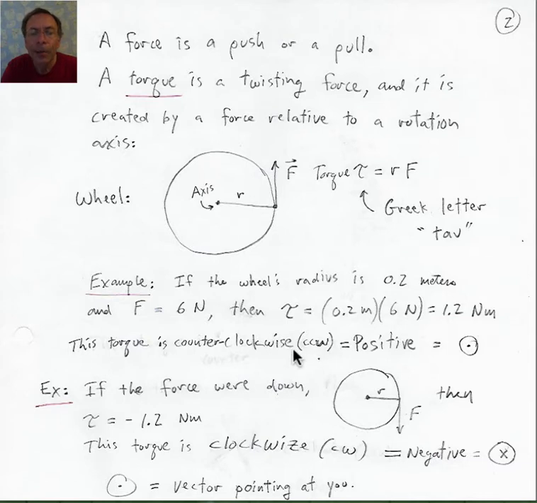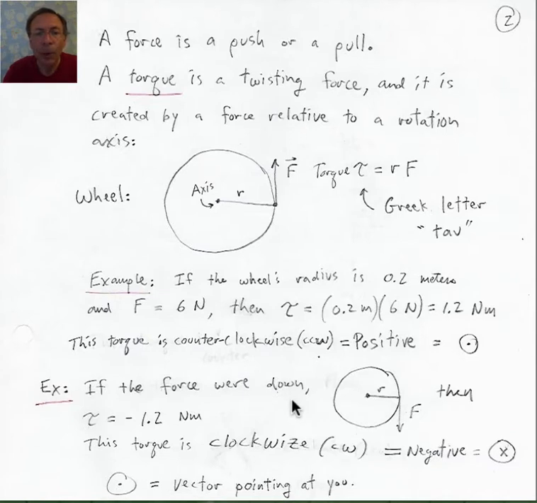Now we want to start tracking the direction of things. This one's counterclockwise, so that's the positive direction, and the torque vector is pointing towards you, so it's a little dot there. That's the vector pointing towards you.